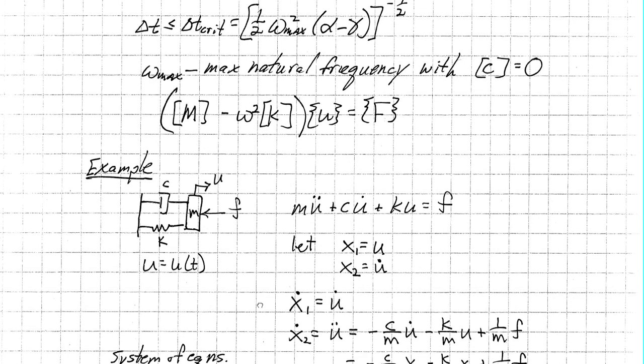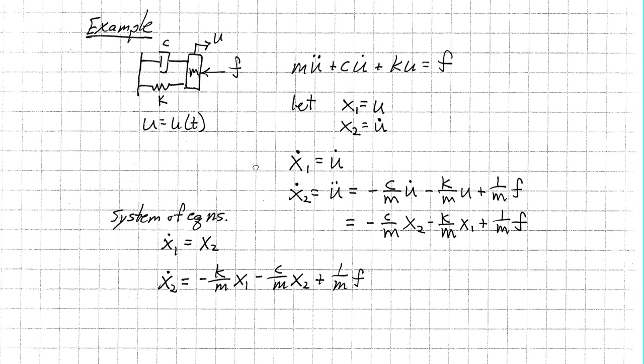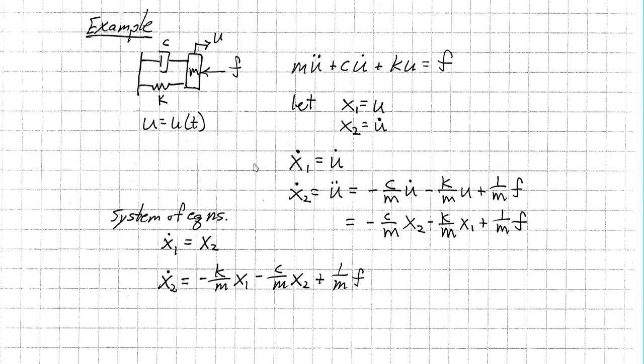So let's talk about an example. This is particularly looking at a 1 degree of freedom lumped parameter model, so I'm going to limit this to no spatial variation, but it'll show you how you can simplify this down into a system of equations. So here's your mass, damping, stiffness terms.